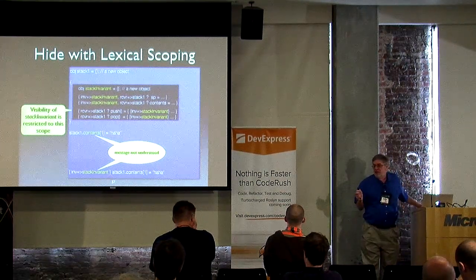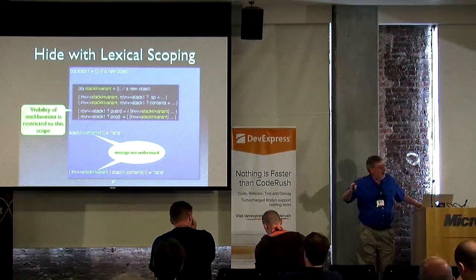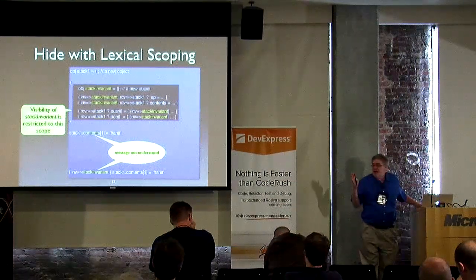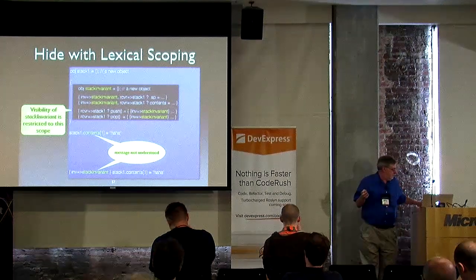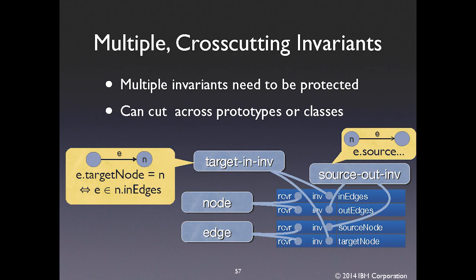But it gets better than that. Notice, without adding public, private, anything new, we've gotten a use of our multiple dimensions to do it. But it gets better. Suppose I have multiple invariants that cut across what you would think of as classes or abstractions. So here's a graph. It's got nodes and edges, and we want that if the edge has its target node set to n, that edge is one of the edge collections in the node.